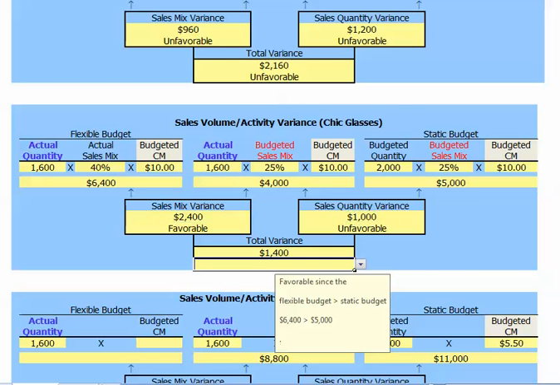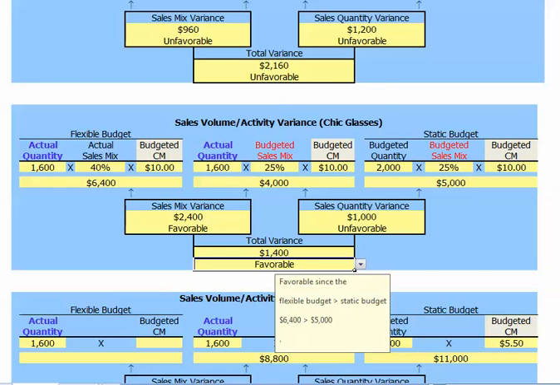So it's $1,400. And again, we could have gotten that same $1,400 by comparing the difference between our flexible budget and our static budget. And since our contribution margin coming from chic glasses was higher for our flexible budget than our original static budget, again, we would say it's a favorable variance.